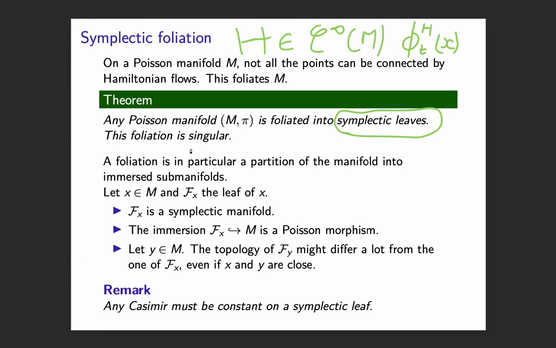And this foliation is singular because you may have some leaves that are close to each other, but with a very different topology.